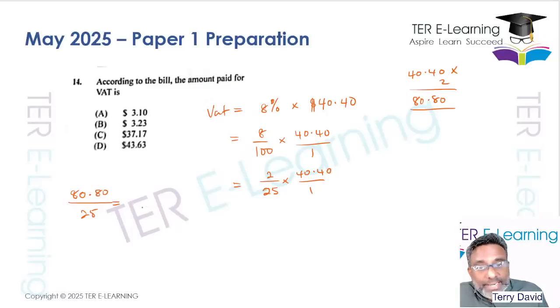So this is going to be 3. 25 into 80 is 75. Then you're going to have 4 remainder. So this is going to be 48. So this is 3 point. Then we have 25 can go into 48 1 time. So this is going to be 48 minus 25. 8 take away 5 is 3. So this is 13.